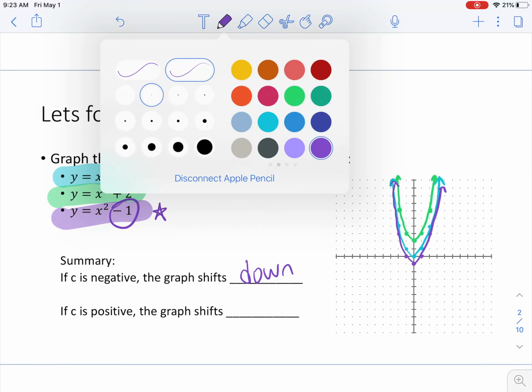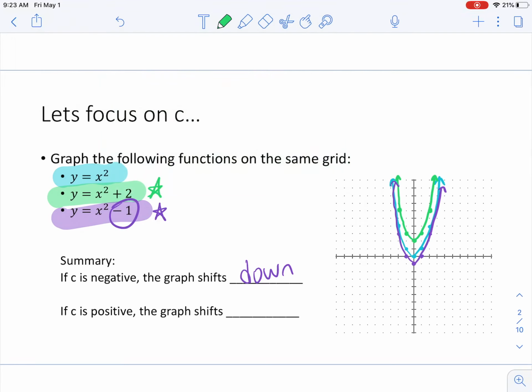When C was positive, the graph shifted up 2 units, up 2 from the blue. That's what C does. So if I had an equation like y equals x squared plus 5, this 5 is positive, so it would tell me to shift up 5 units from what x squared looked like.